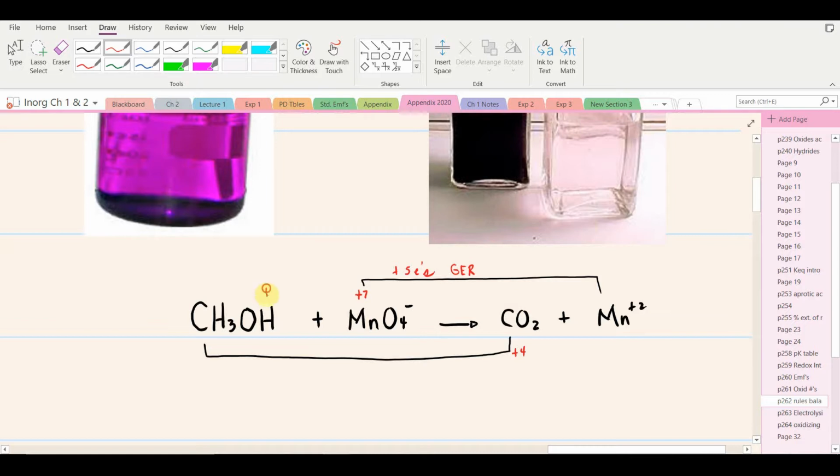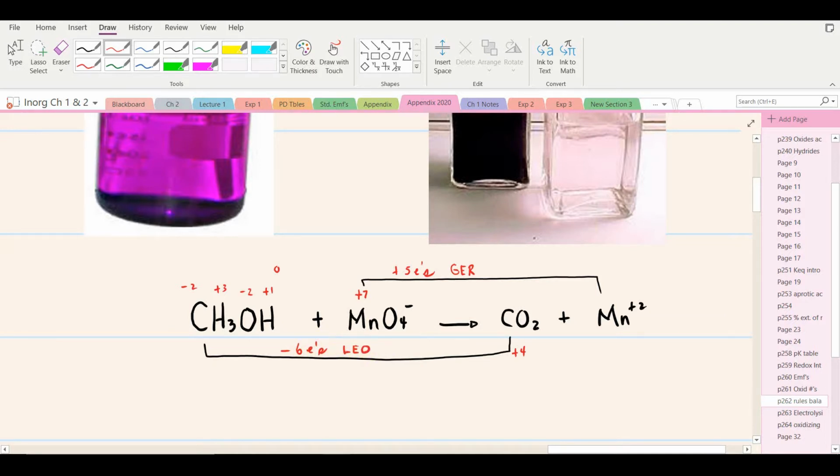Hydrogen is +1 because it's bonded to more electronegative atoms. Oxygen's -2. There's 3 hydrogens. So what must carbon be? If the total charge is going to be 0, carbon must be -2. To go from -2 to +4, carbon must be losing 6 electrons. A loss of electrons is oxidation.